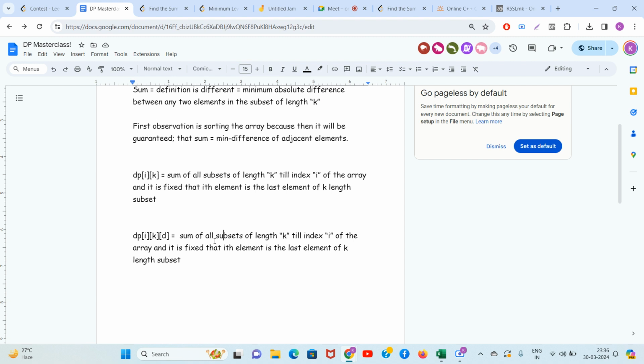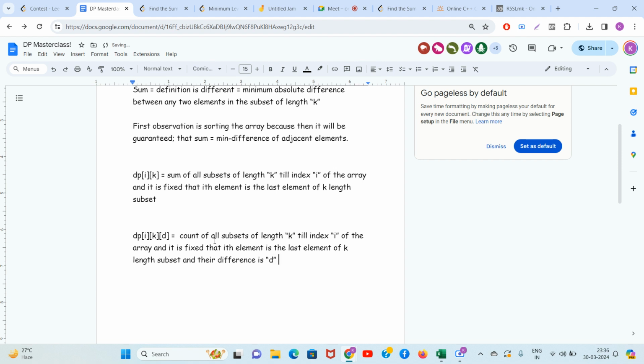No, it is not the sum. Count of all subsets of length k till index i of the array, and it is fixed that the ith element is the last element of the k length subset, and their difference is d.